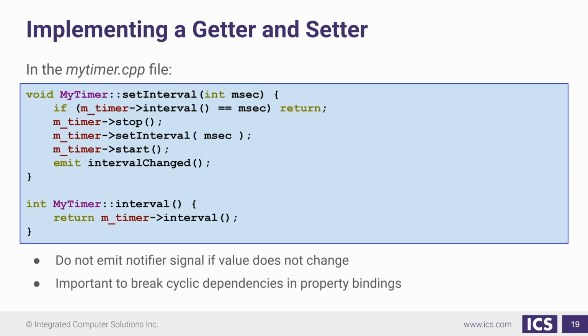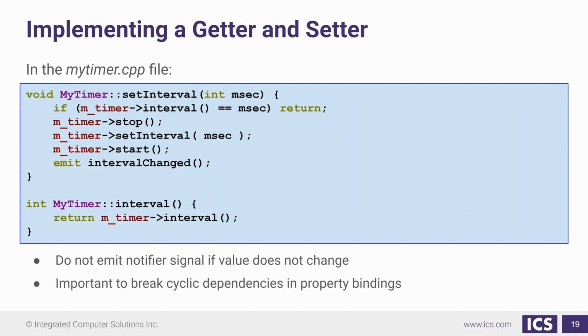Then in our C++, we're going to implement our functions. So here at the top, we have our setter function. Notice that the first thing we do is check if our new value is equal to our current value, and if so, we return. Anytime that we're emitting stuff here, we want to make sure to only emit when the data changes.